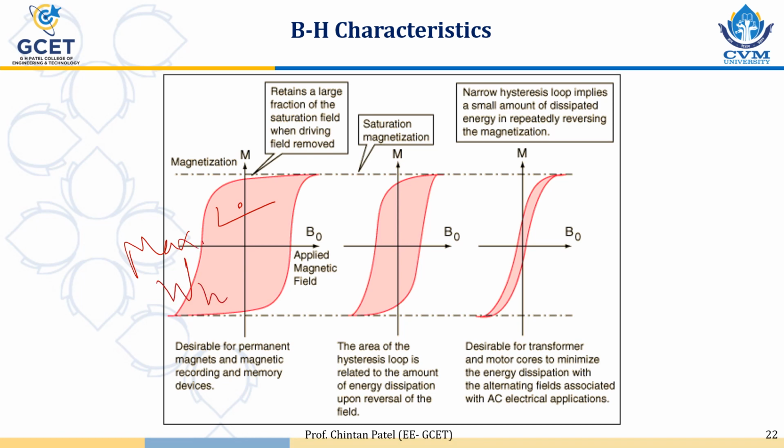This is intermediate, and in the last one, as the area is very small, the BH curve is very narrow, here there will be a minimum amount of hysteresis loss.